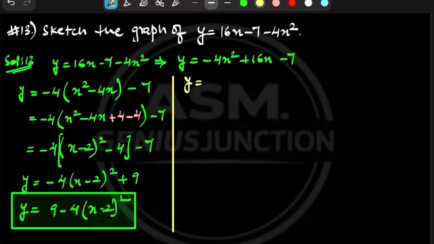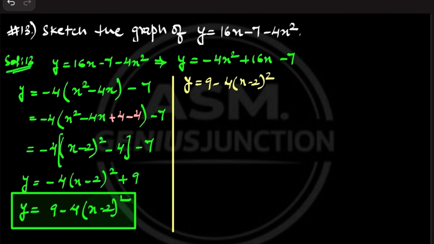y is equal to 9 minus 4 times x minus 2 whole square. We know that a whole square function can never be less than 0. It can be equal to 0 or it is going to be greater than 0. This function will never give you any value less than 0. Now the point comes when this is going to be 0.